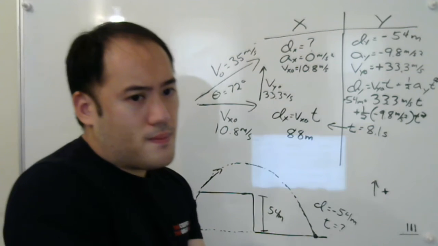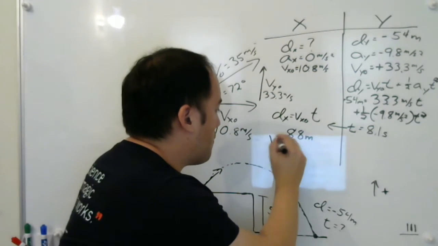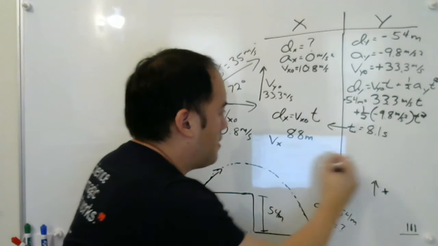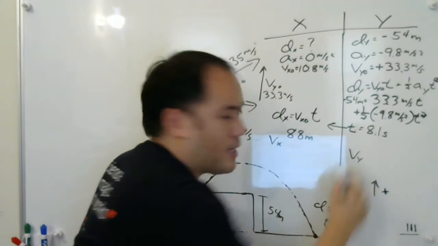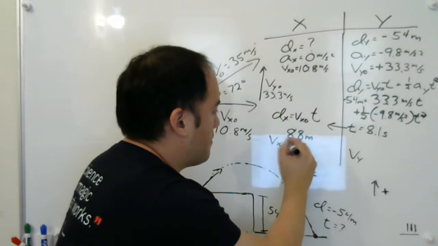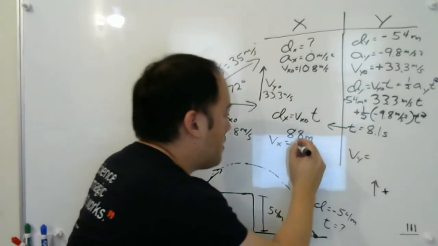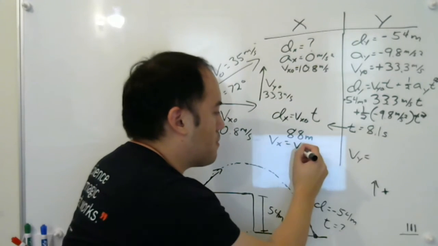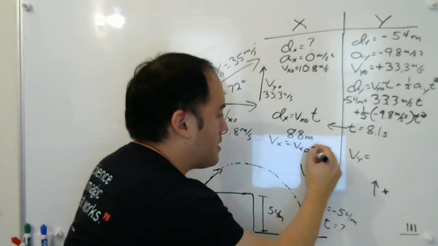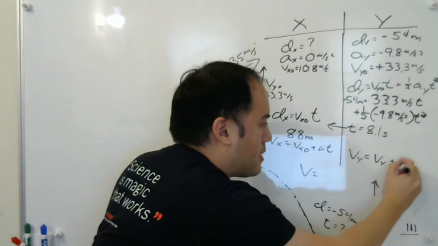That was great. There's lots of other things that could be solved too. You could also find vx, vy, and then even v. vx would be vx naught plus ax t. vy would be vy naught plus ay t.